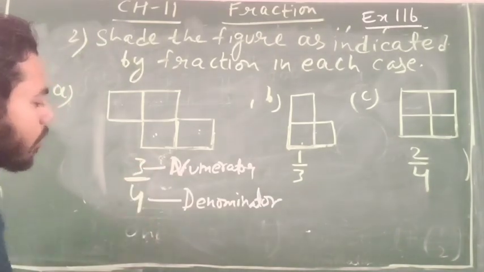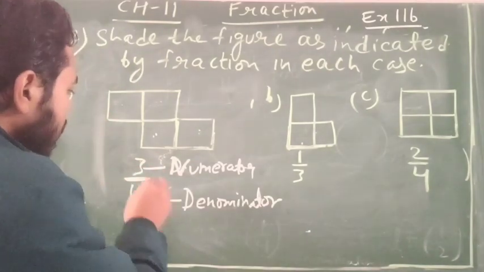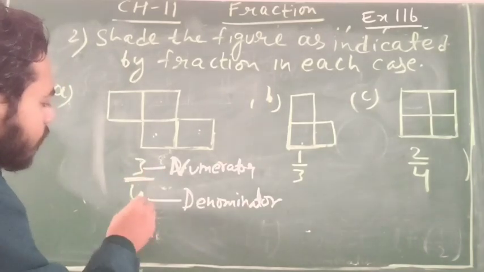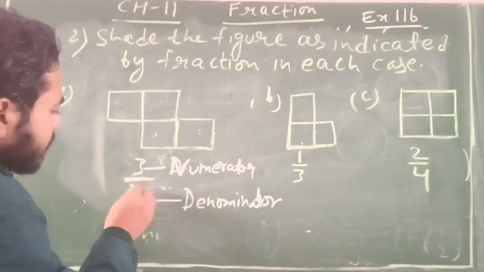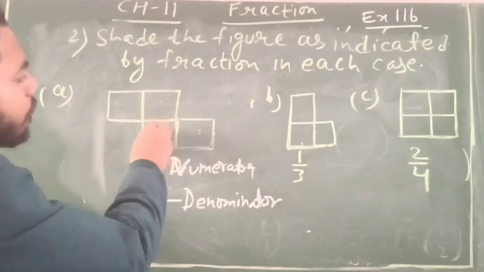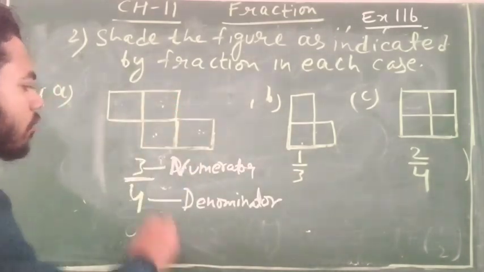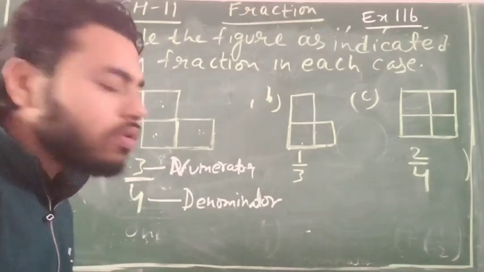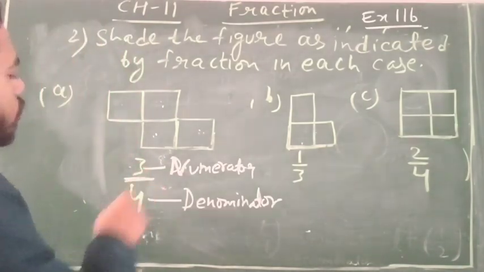Here 3 by 4 means any object is divided into 4 equal parts, and out of that you get 3 parts.